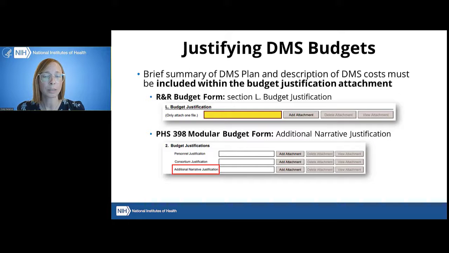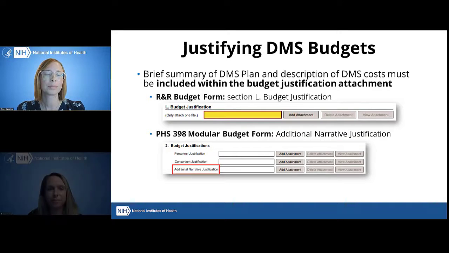This is an existing attachment. The change here is that now DMS costs will also need to be justified. For modular budgets, you will include this information as part of the additional narrative justification. I want to highlight that both the dollar amount and the brief justification will be part of the same attachment. This is also an existing attachment, which will be repurposed to support the DMS policy.